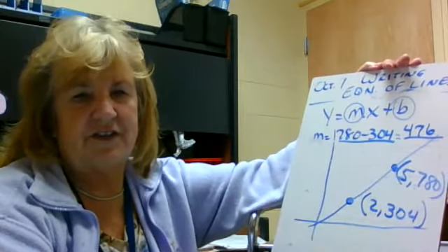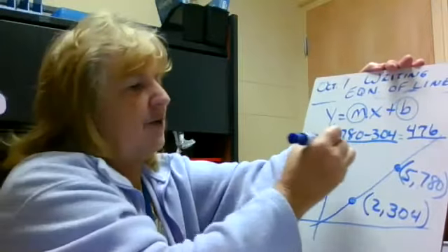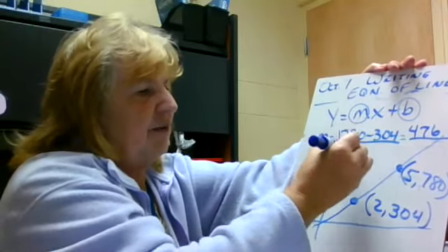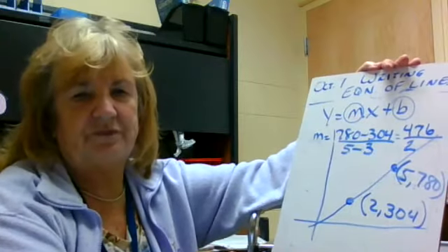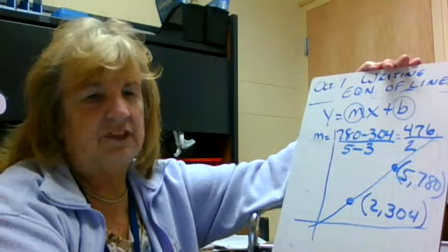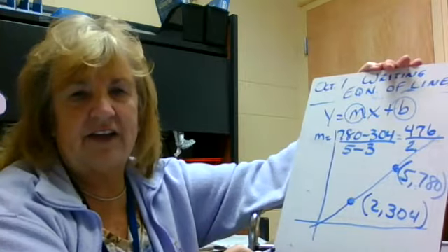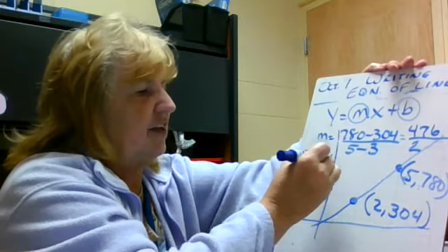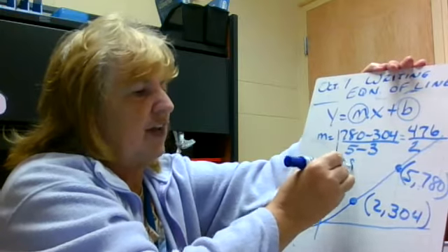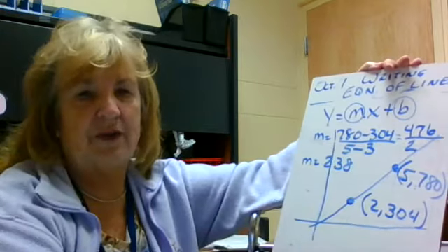It's a subtraction sign. Then the other one is 5 minus 3, which is 2. Well, I can reduce that. I can divide 2 into 476, and I get 238. There's my slope, 238.